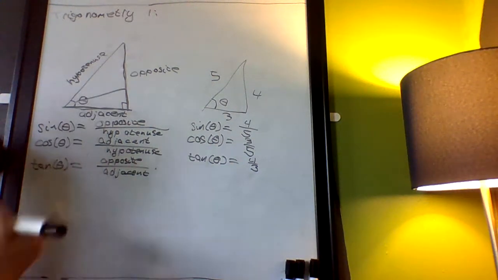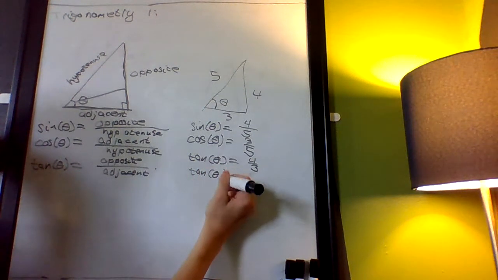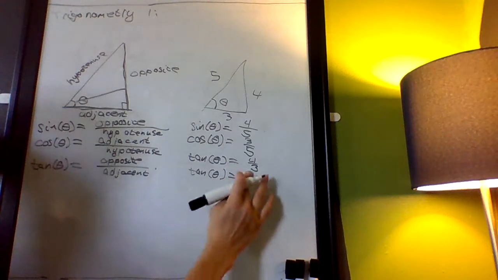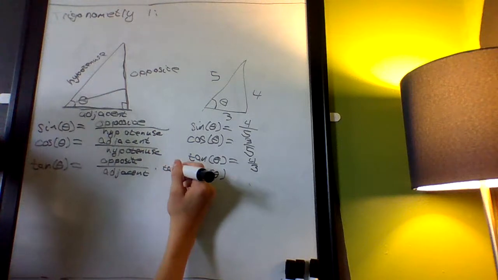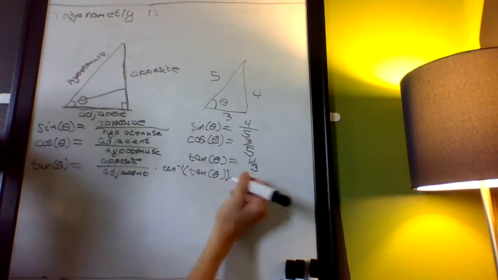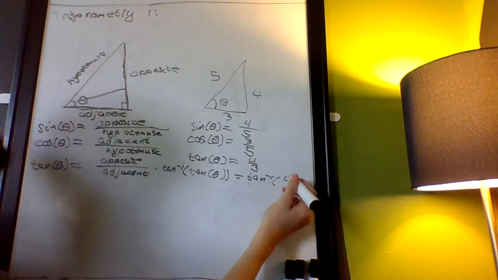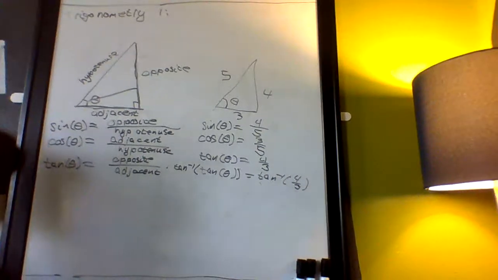Meaning we know that the tangent of theta is 4/3. Instead of writing it like this, let's write it as the tangent inverse, applied to both sides. The inverse cancels out your original tangent.